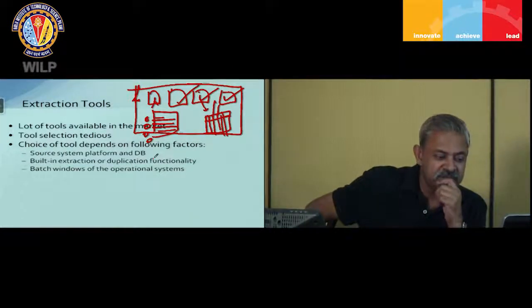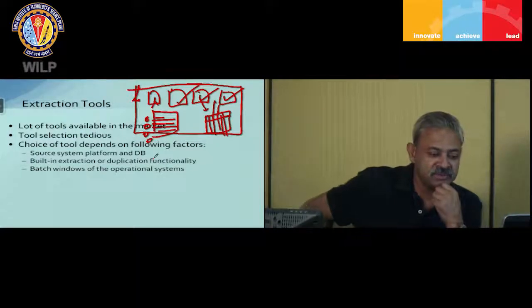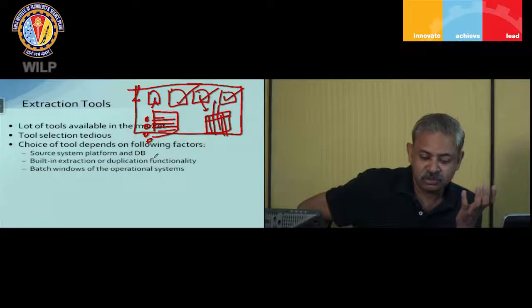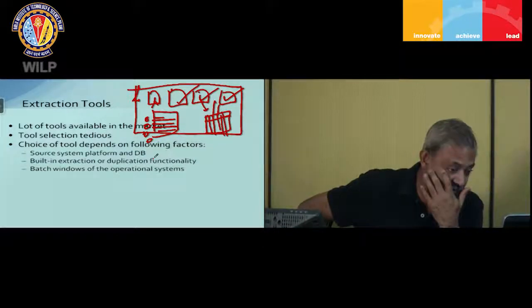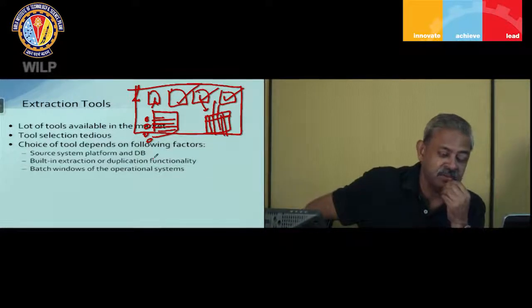So what is the source system, platform and database that you have? Built-in extraction or duplication functionality. You need to have extraction functionality as well as duplication functionality, because you want to take the same thing to the data warehouse. And batch windows of operational systems.